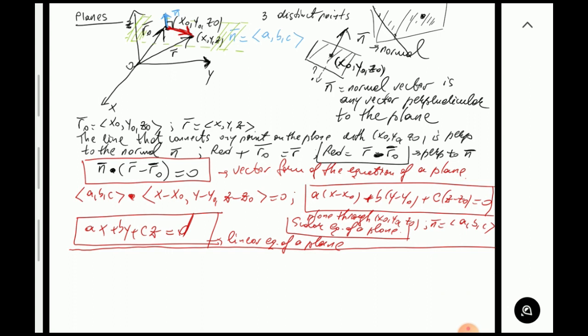And let's actually do a quick example, followed by some other examples before we call it a day. So let's say I want the line through the point 1, minus 1, and 1 that is parallel to... no, excuse me, I was looking at a different example.